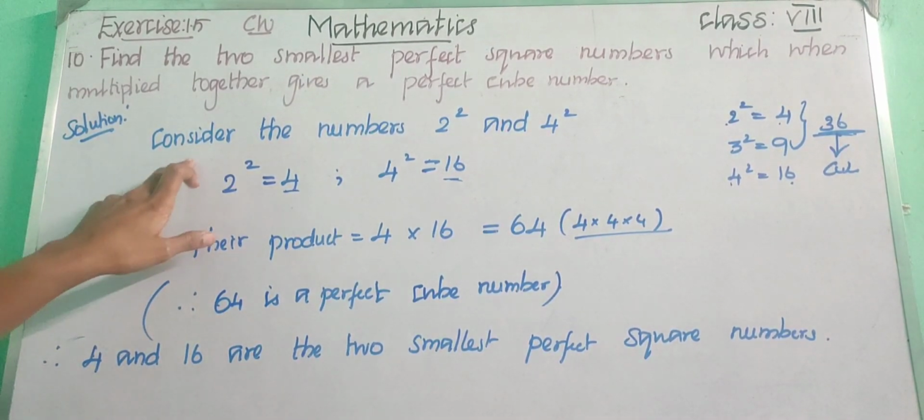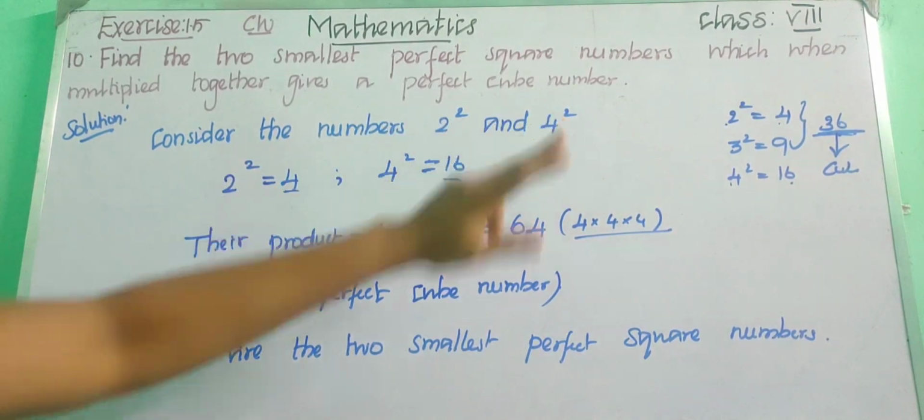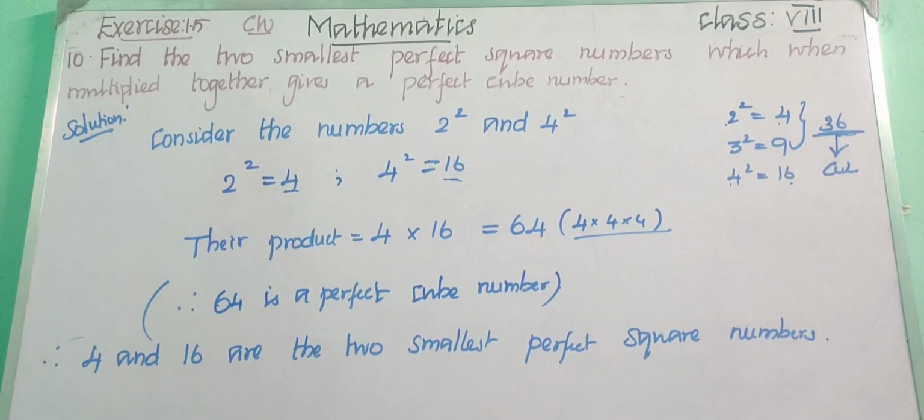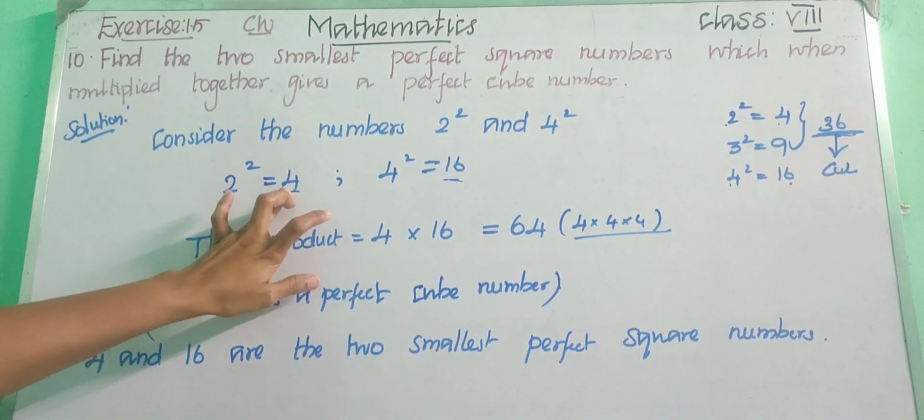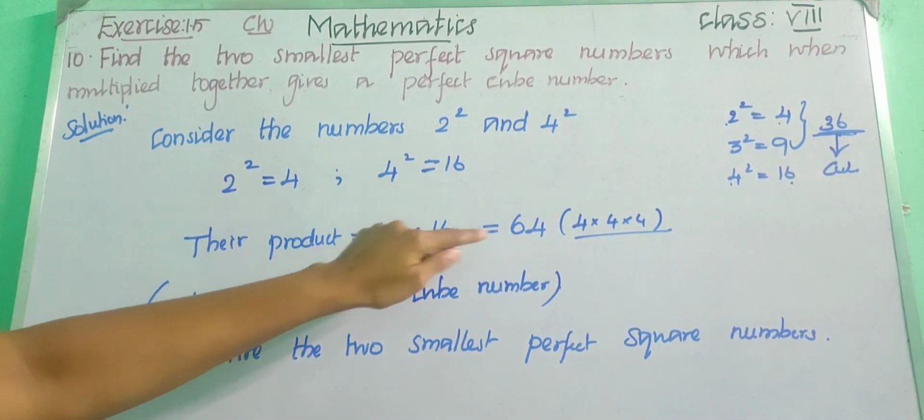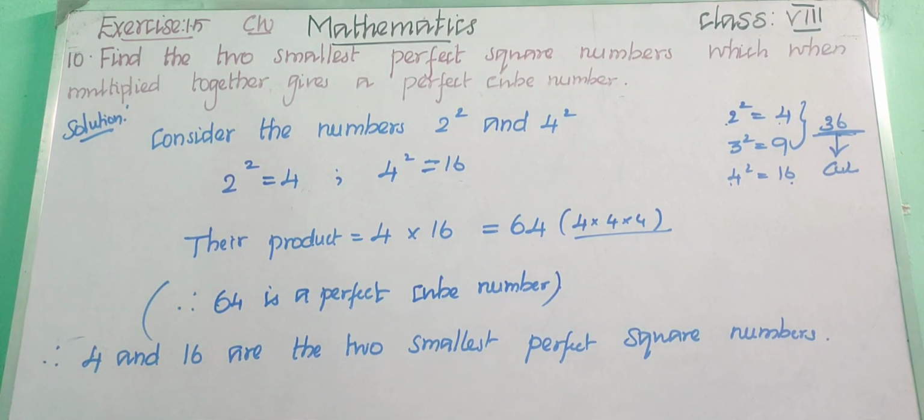So we assume 2 squared and 4 squared are the perfect square numbers, that is 4 and 16. Simply multiplying those two numbers, 4 and 16, what will you get? 64. So 64 is a perfect cube number, right? So the answer is 4 and 16 are the two perfect square numbers. Is it clear, children? Okay, copy in your classwork notebook. Pause the video and write.